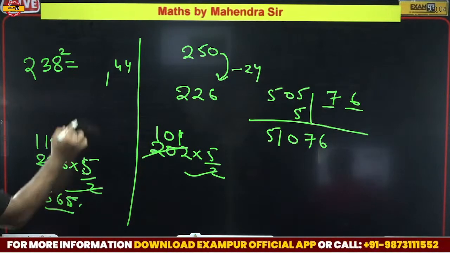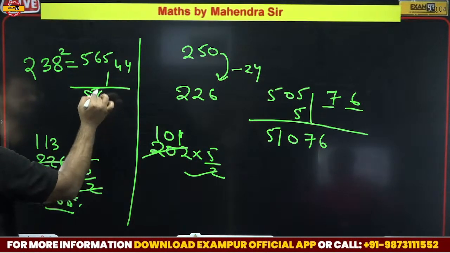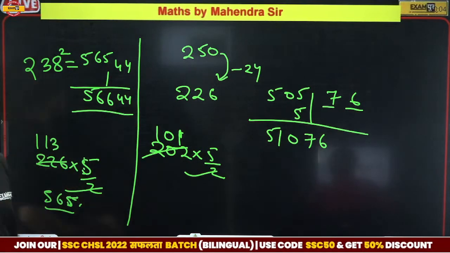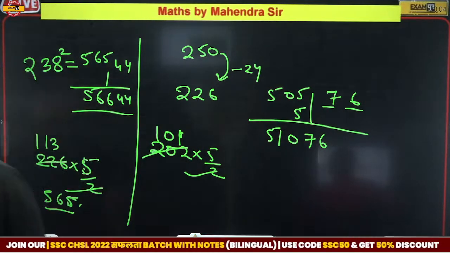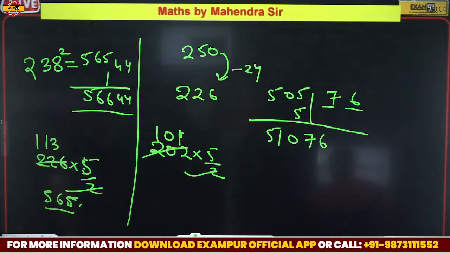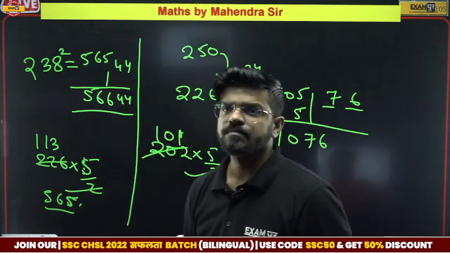So 565 will come here and you will get 56 carry 6, 44. So 56644 is my answer. Did you get that, Arun? Yes or no? 56644. Clear?